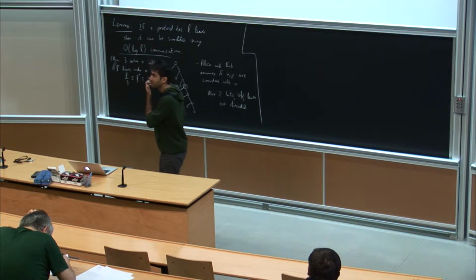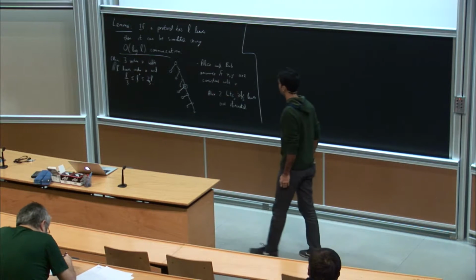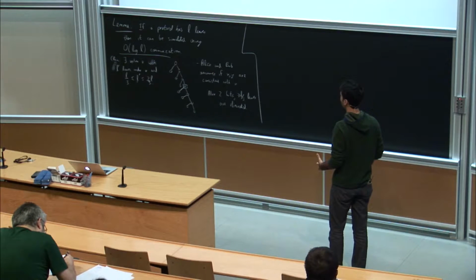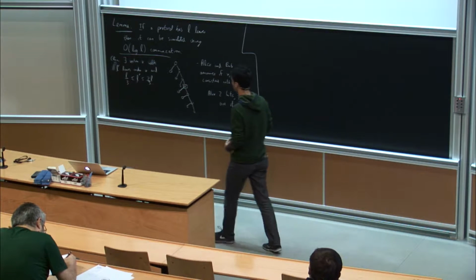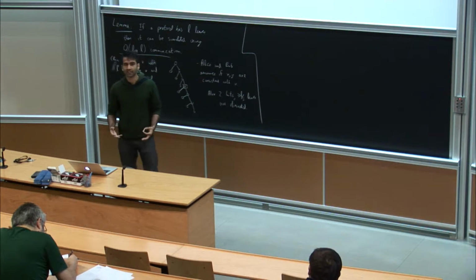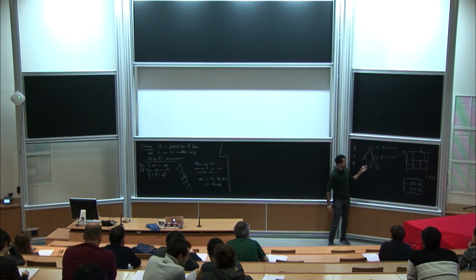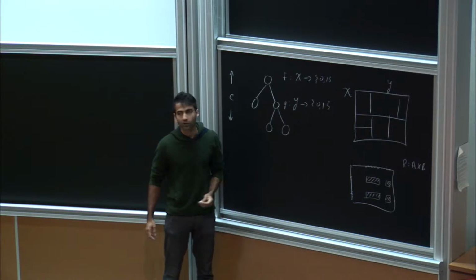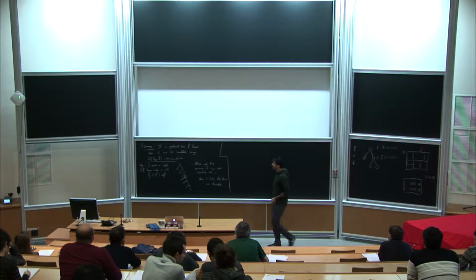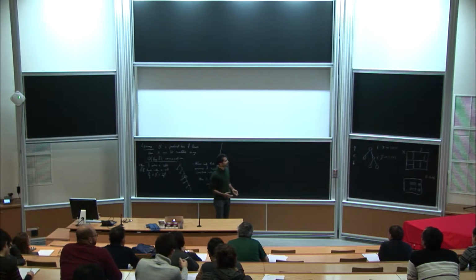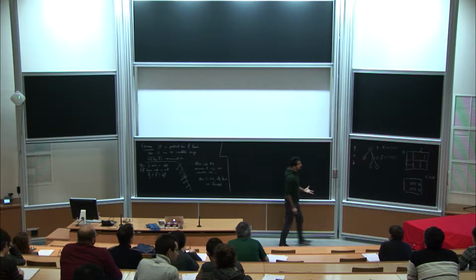So what I want to do next is use our first tool for analysis of the complexity of communication protocols. So we've talked about communication protocols, and we've talked about the basic idea. We want to find the most efficient protocol. The first quantity that's going to be very useful for understanding the complexity of these protocols is something that we've all seen before.